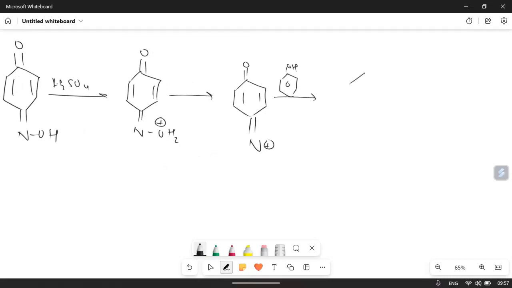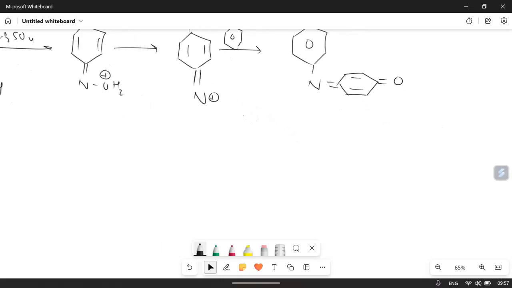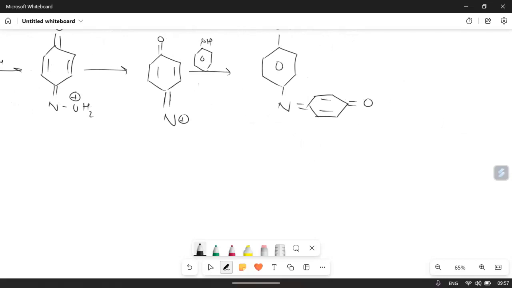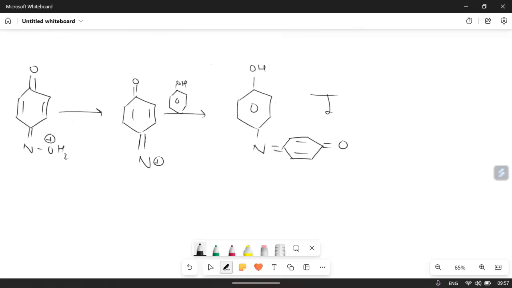So it will form OH and double bond, OH. Okay, and this is basically indophenol. It is known as indophenol, and it is red in color.